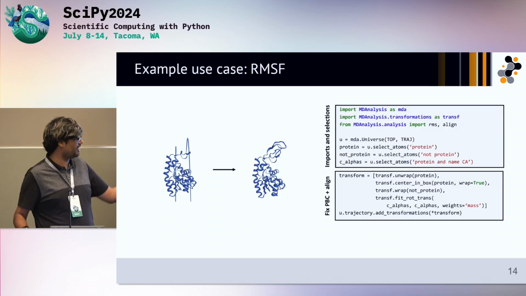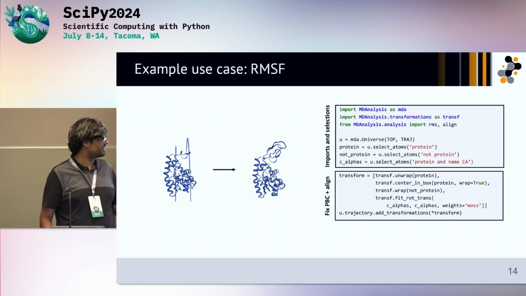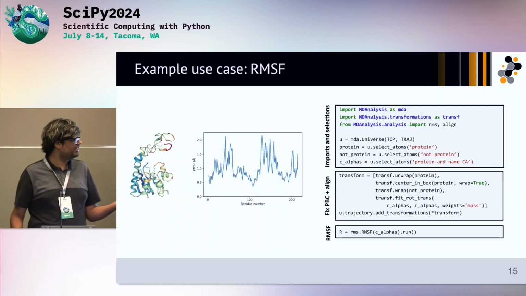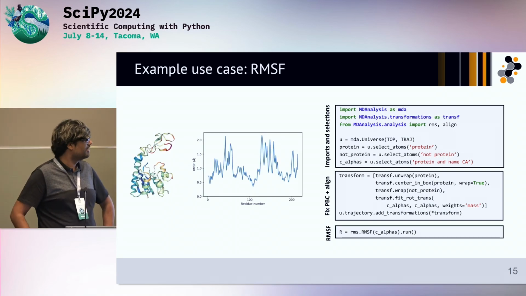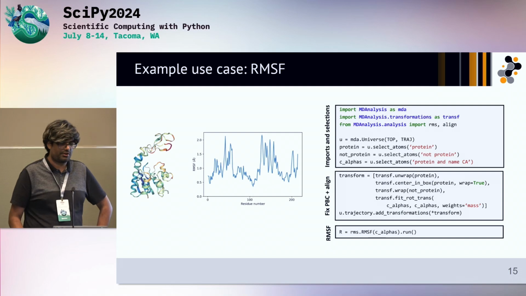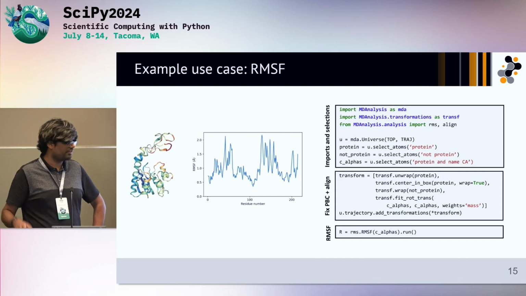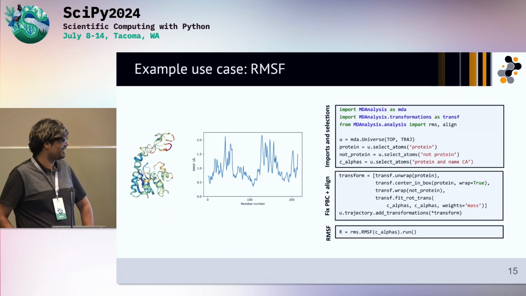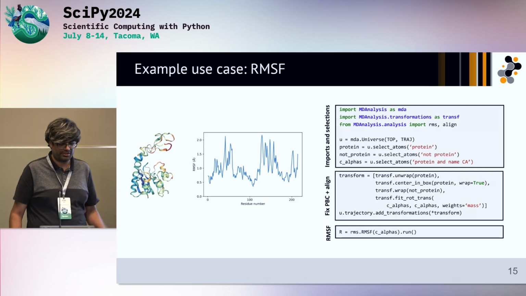So we apply our transformation, as shown in the second box, to fix the PBC effects. And then finally, we use the RMSF class from our RMS module to calculate an RMSF on our C alpha positions. It's a single line, and you get the data necessary to generate this plot on the left.